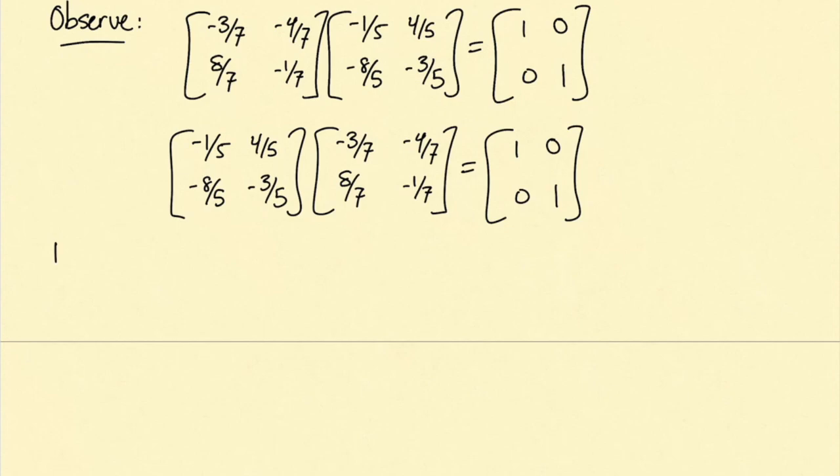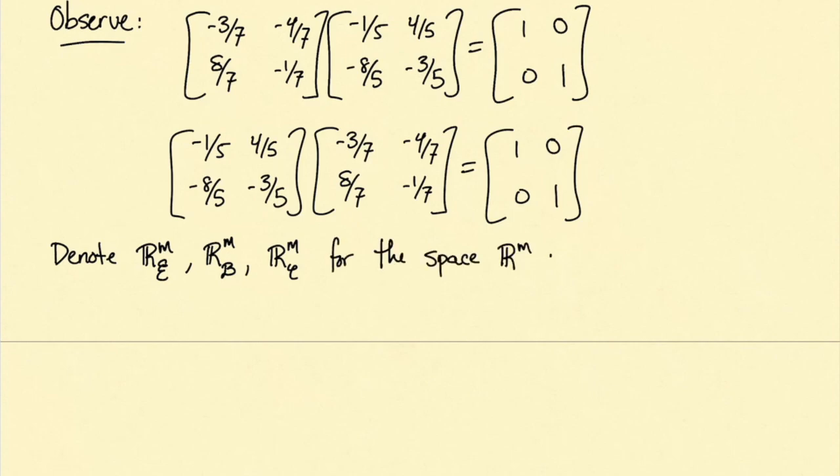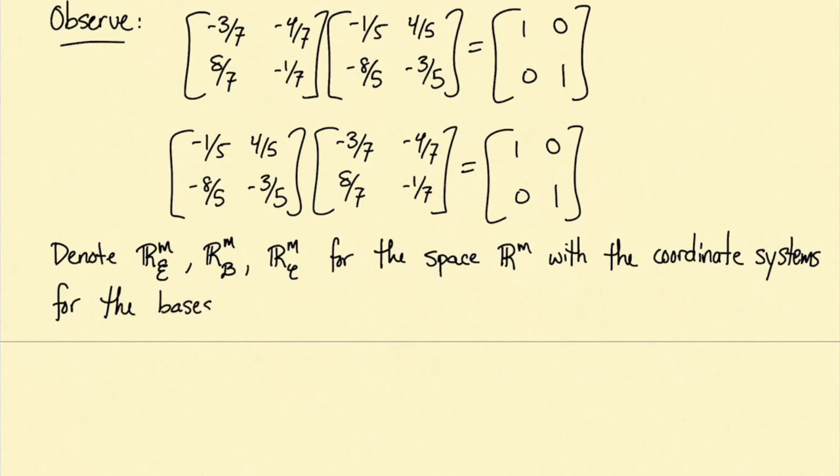We're going to denote Rm with the subscript E, Rm with the subscript B, and Rm with the subscript C as the space Rm equipped with the coordinate systems for these three bases, the standard basis, the basis B, and the basis C, respectively.